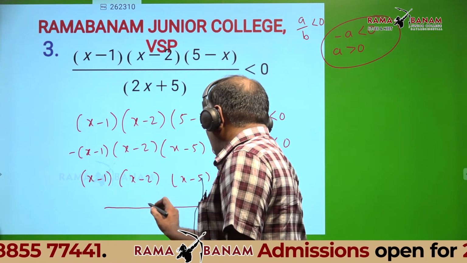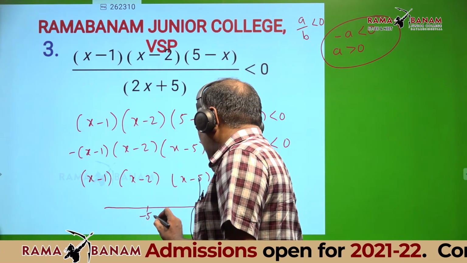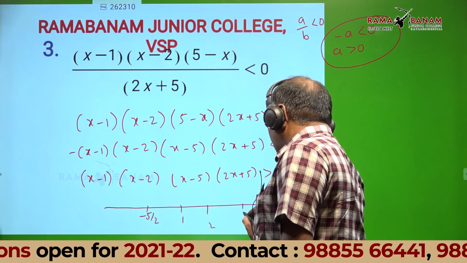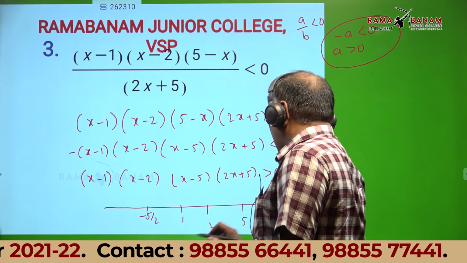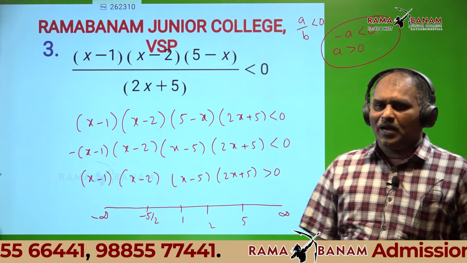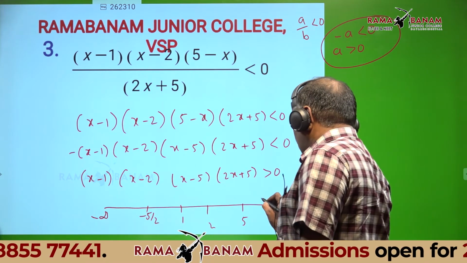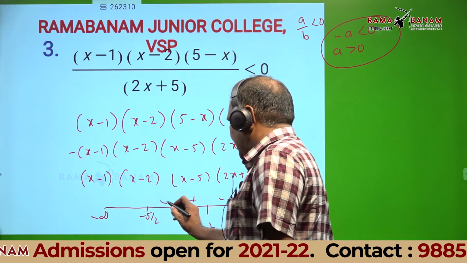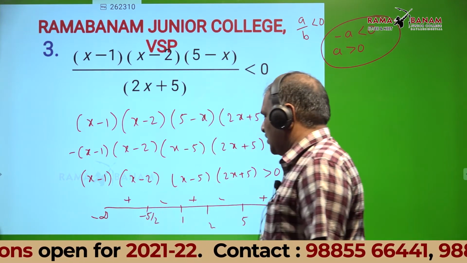Here is minus 5 by 2. Here 1, here 2, here 5, with plus infinity and minus infinity. Number line representation: positive, negative, positive, negative, positive will be there.